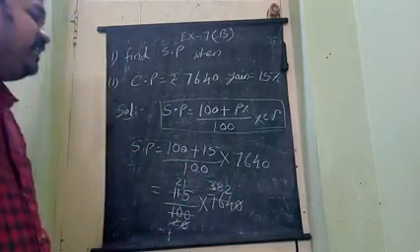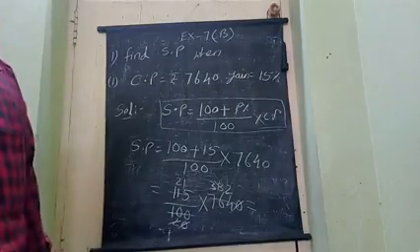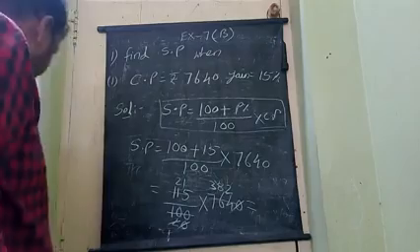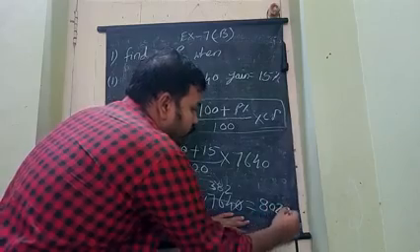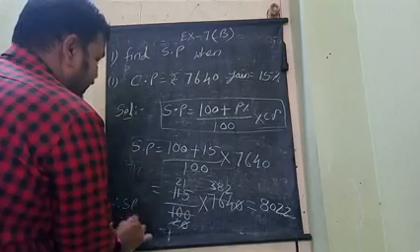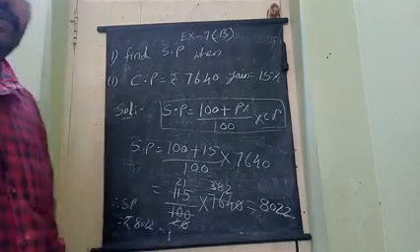So no more cancellation. Now multiplication: 21 into 382 is 8022. Therefore, the selling price is equal to rupees 8022.